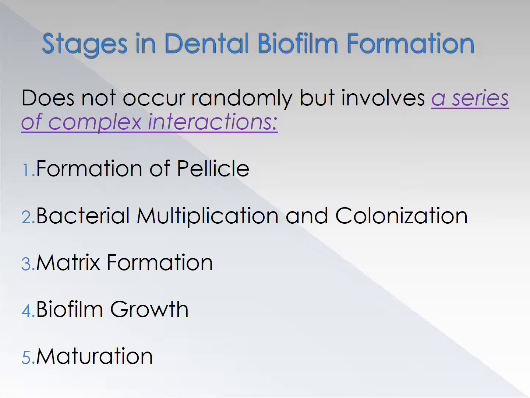The polysaccharides are sticky and cement the biofilm more firmly to the teeth. So those polysaccharides are playing a huge role in the adherence of the bad bacteria, our biofilm, to the tooth. The EPS matrix anchors the bacteria together, which increases the adherence to the tooth and other structures.